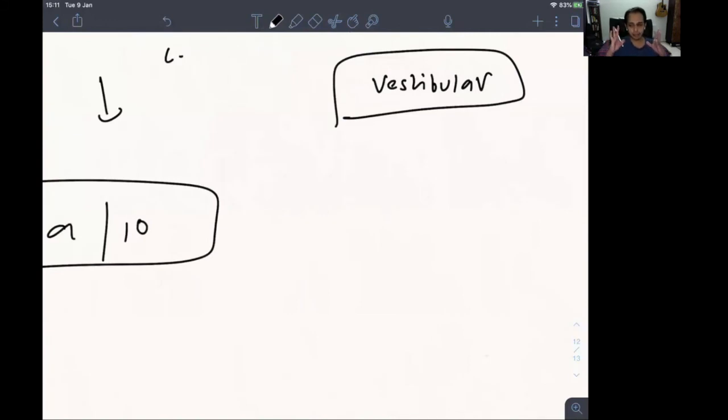So vestibular tests, basically what does the vestibular system do? Vestibular system maintains balance, right?